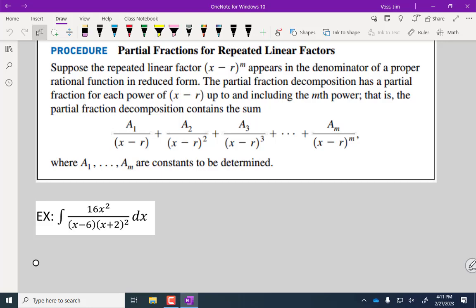And so if you have a repeated root, what this is telling us is that you need a partial fraction for every power of that repeated root. What shows that it's a repeated root? The power being not 1. So if the power is bigger than 1, it means you've got that root more than one time. Back in college algebra, we called it multiplicity.